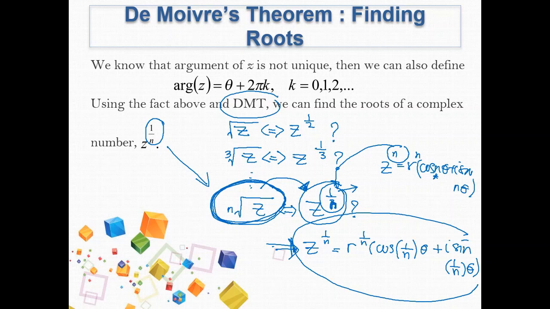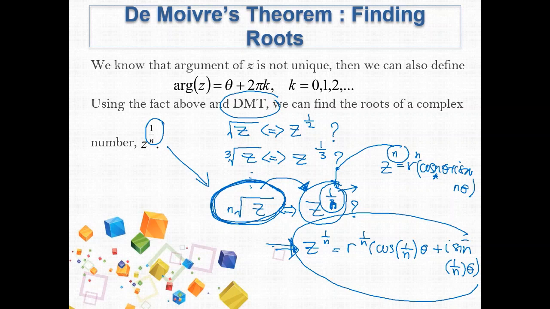Now because this is finding roots, it is not a unique solution, so you can have many solutions, and this depends on the argument of z, or your theta.